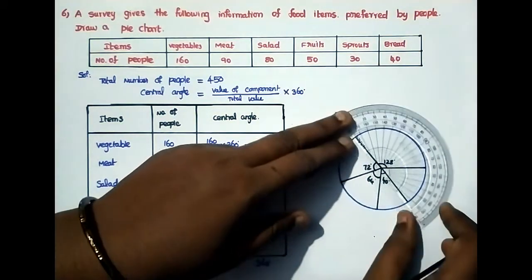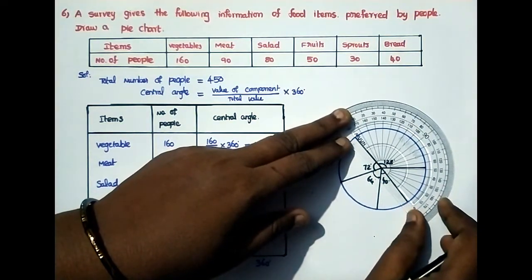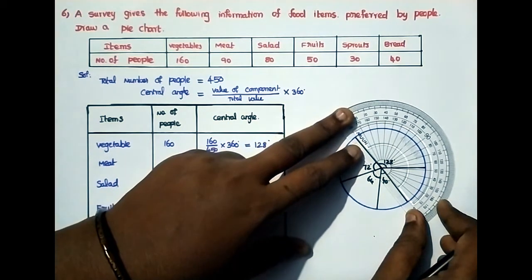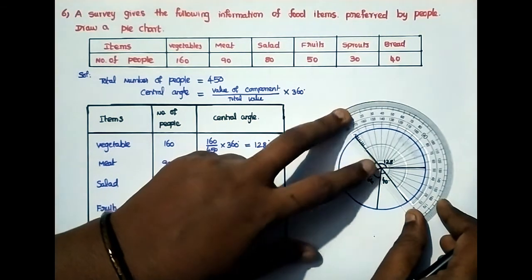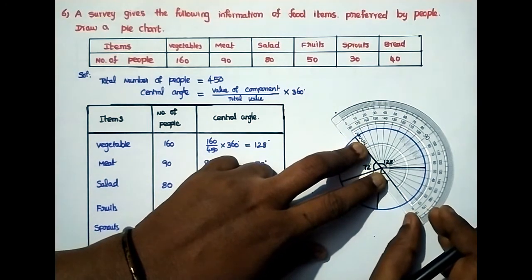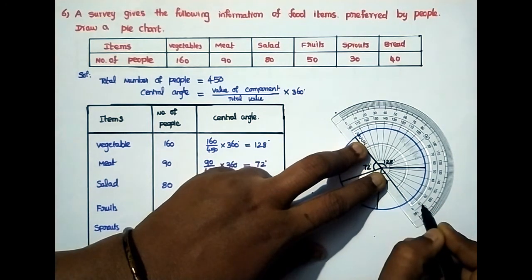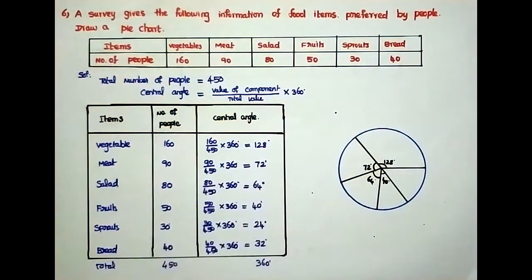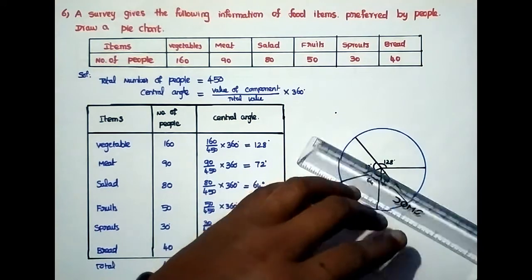From the line we have to measure 24 degree: 0, 10, 20, after that 4 points, that is 24.